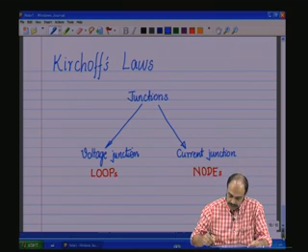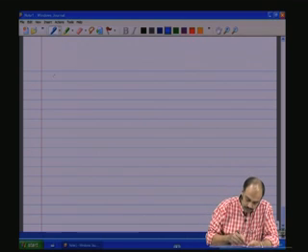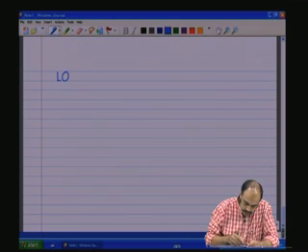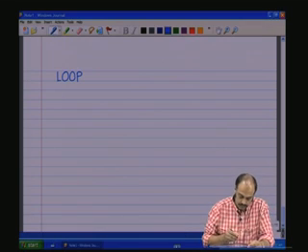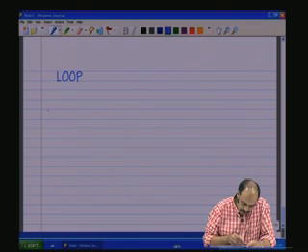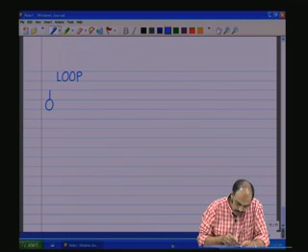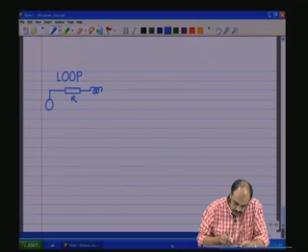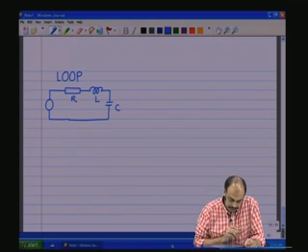Now, let me give you a simple example of the loop and the node. A loop may be something like this in its very simple form. Let us say I have a circuit with a resistance, an inductance, let us say a capacitance, like that. This is a loop.